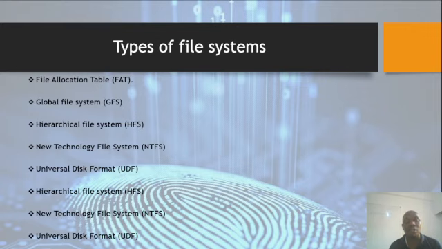Now apart from that, Windows came out with another advanced file system, and they call it NTFS. The New Technology File System, sometimes also known as NT File System, is the primary file system for Windows products, as I said, starting with Windows 3.1.